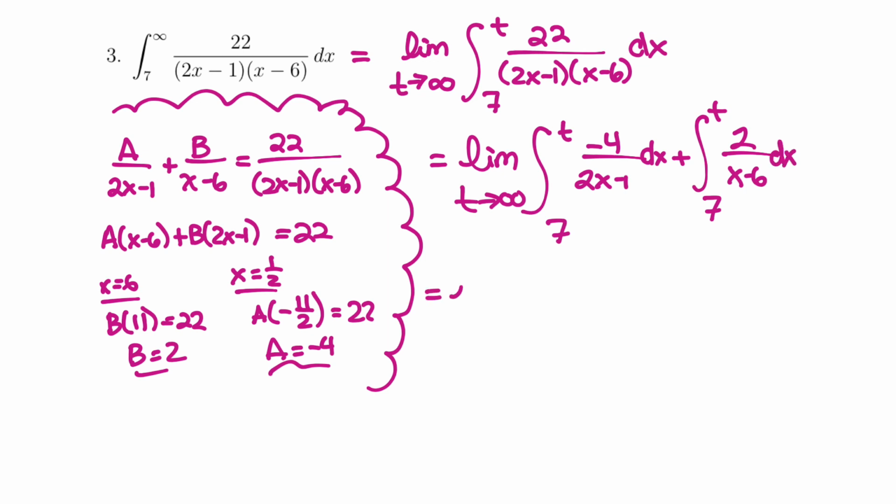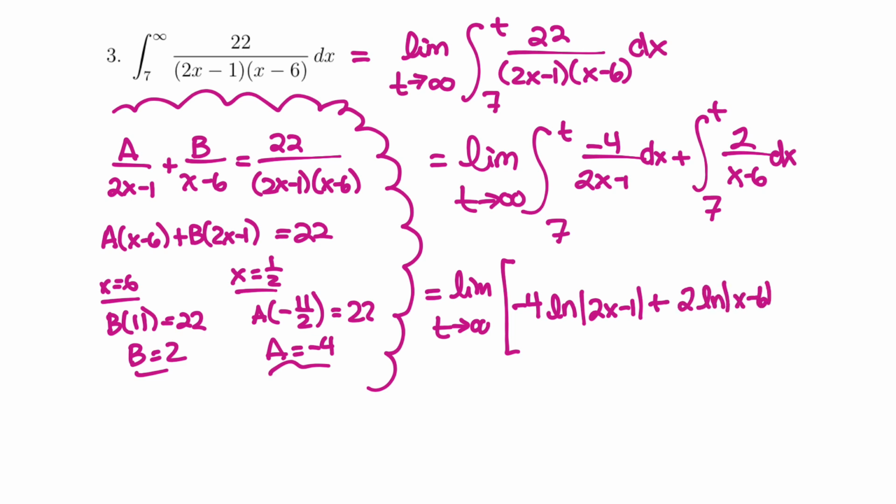Okay, so we've got a limit as t goes to infinity of, natural log, undo, negative 4 natural log of 2x minus 1 plus 2 natural log of x minus 6, from 7 to t.